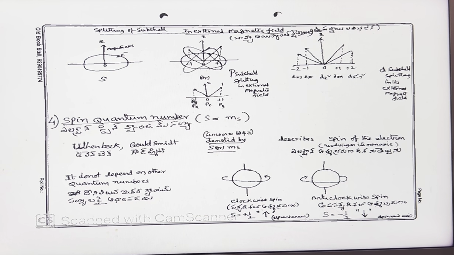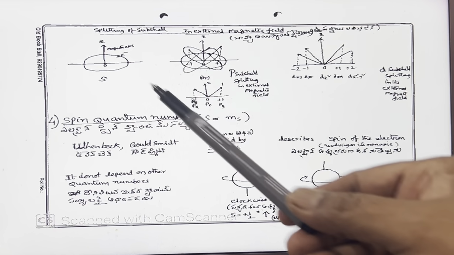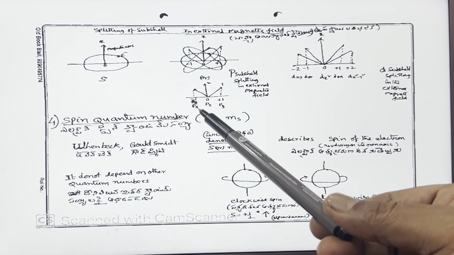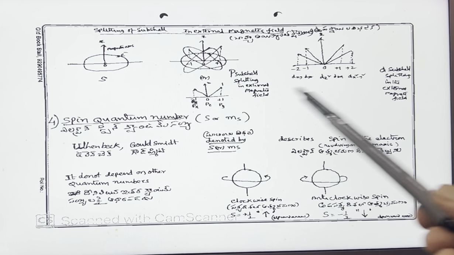Those values are quantized and are denoted by the magnetic quantum number ML or M. For the d orbital, the values are -2, -1, 0, 1, 2. For the s orbital, only 0. For a p orbital, -1, 0, +1.